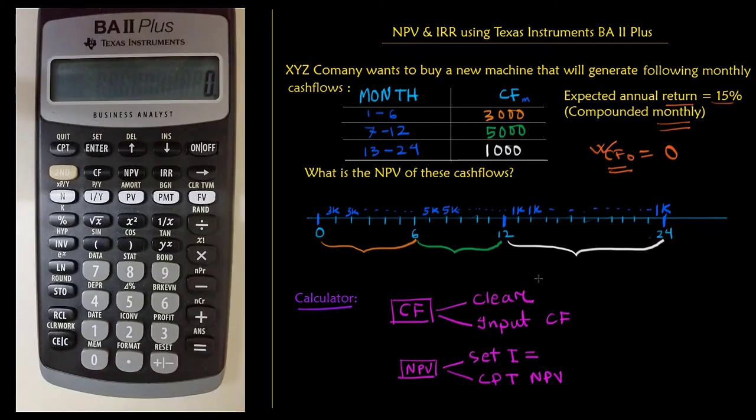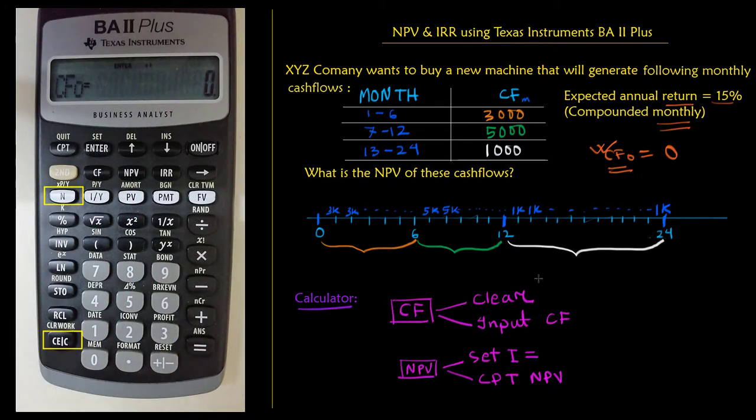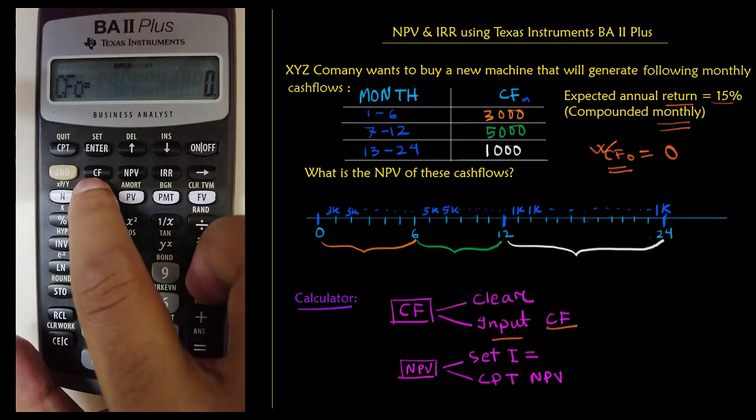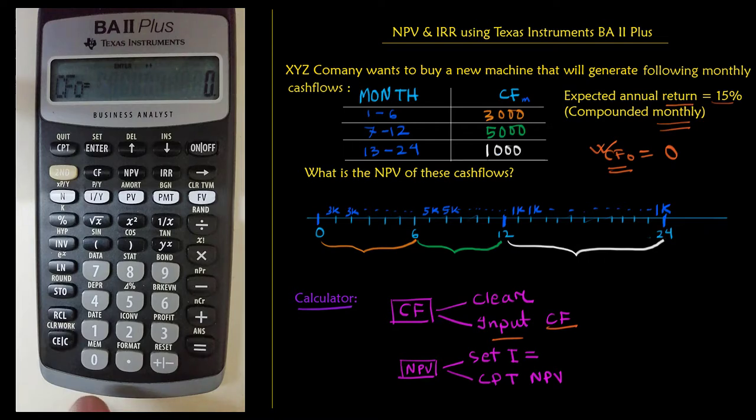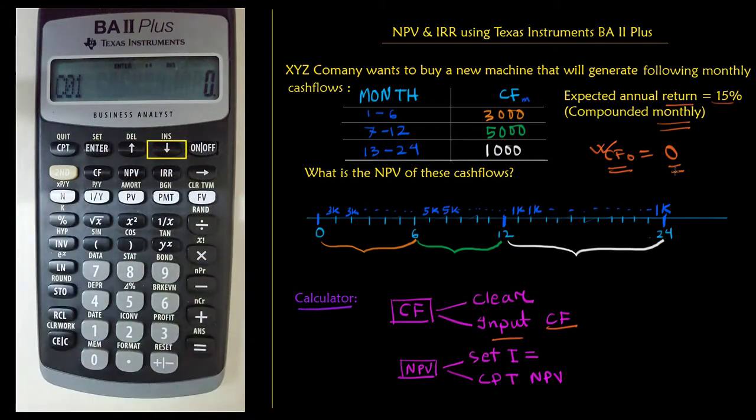Alright, first let's clear the memory. So press CF, then press second, clear work. Then let's give the inputs for our cash flows. So our first cash flow is actually 0 because CF0 is 0. There is no initial cash outflow or inflow. So press 0 and then press enter.